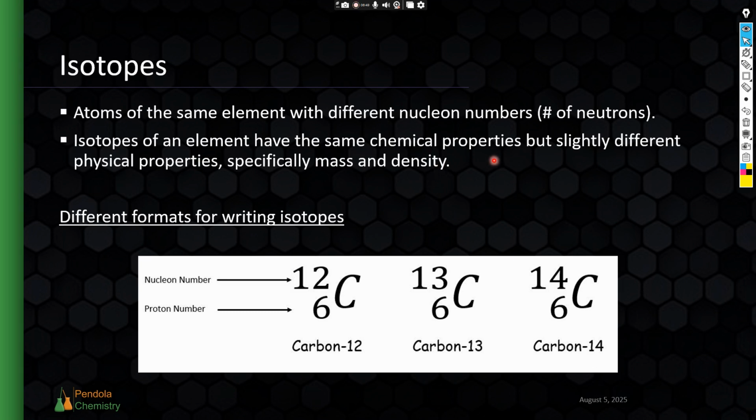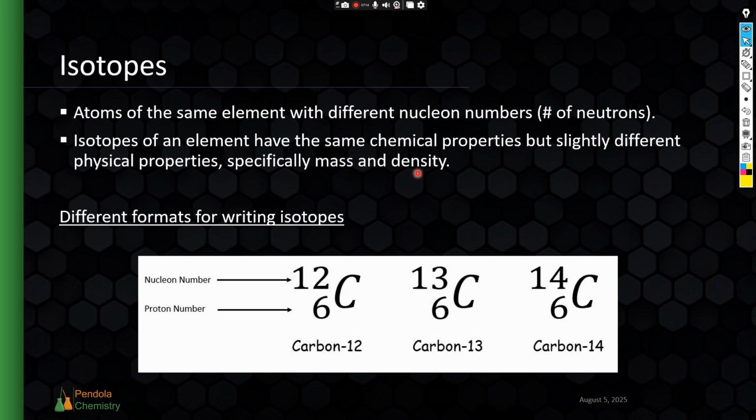Isotopes of an element have pretty much the same chemical properties, but they have slightly different physical properties. Specifically, their mass and their density are different. Since neutrons actually have a fairly hefty mass when it comes to subatomic particles, they are going to either increase or decrease the mass of an element when you add or take away neutrons.